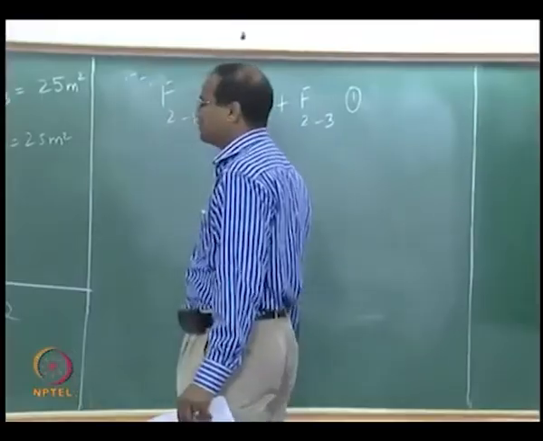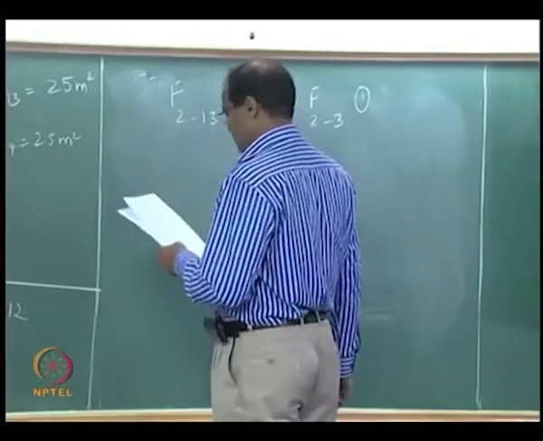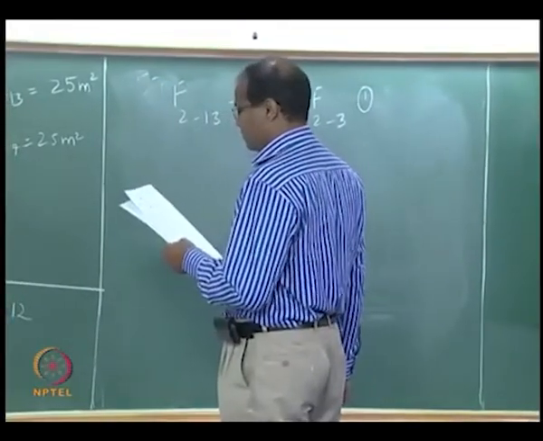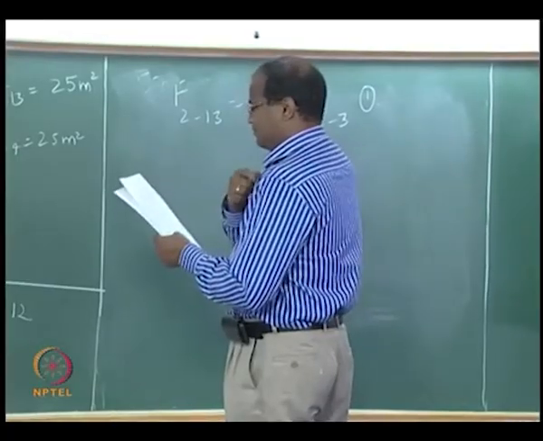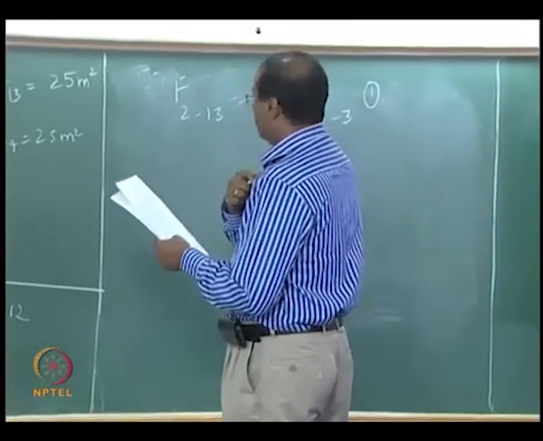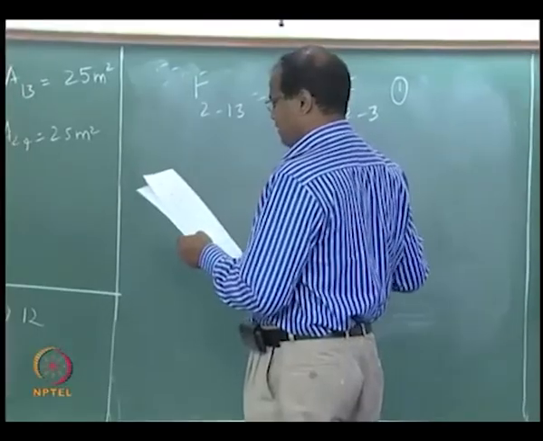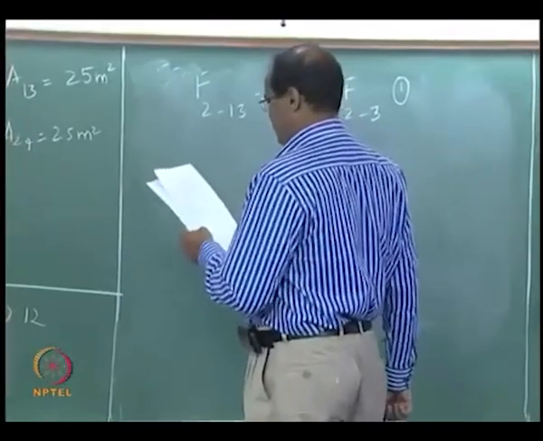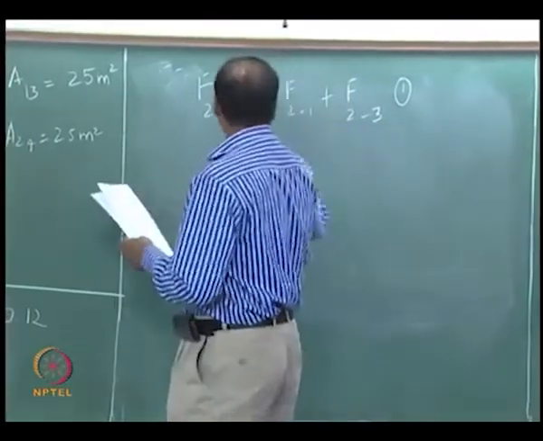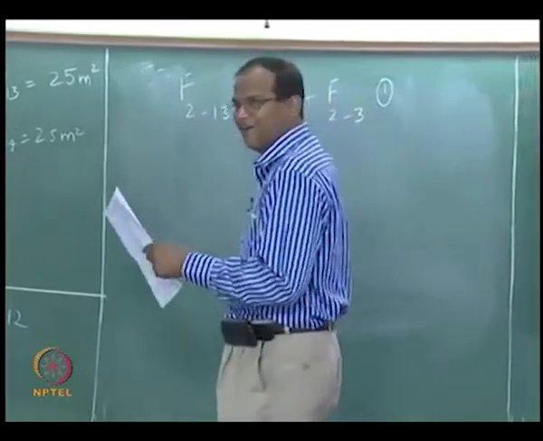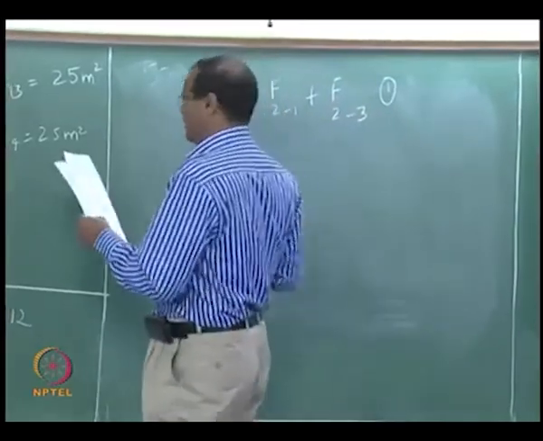F2213 we can't get. Okay, no problem. F132 also we cannot get. Okay, no problem. What did I do? F132. F1324, no, let it be like that. We can't do anything with that.